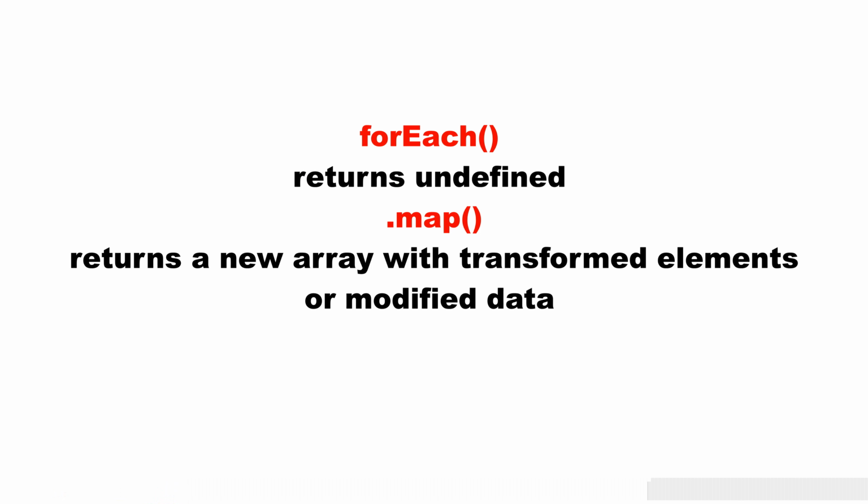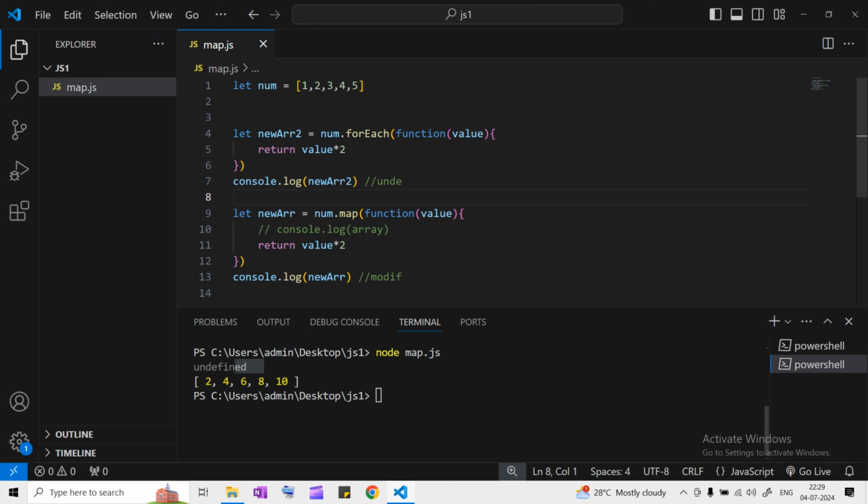The forEach method always returns undefined. It won't return a new array or anything. But map always returns a new array with transformed elements or modified data, that is 2 4 6 8 10 in this case. This is the main difference that I want you to understand between the forEach method and map.